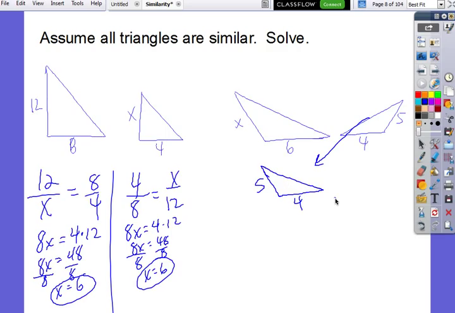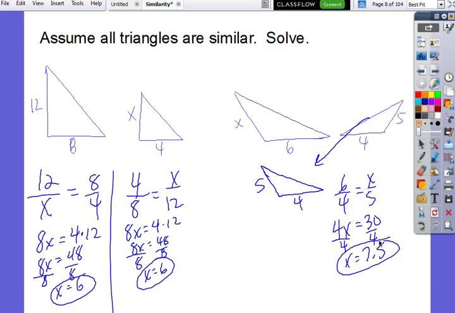The 6 corresponds with the what? 4. So I can do 6 over 4. And then x over 5. So then I would cross multiply. 4x equals 30. Divide. You get 7.5. Do not be shocked when you get decimals.